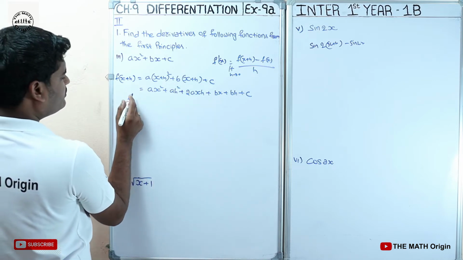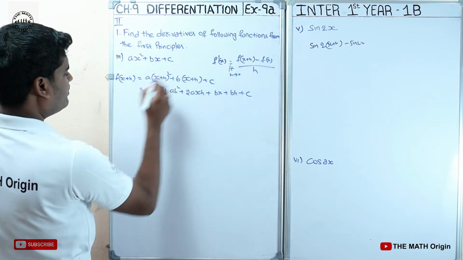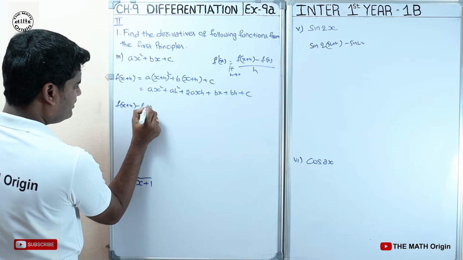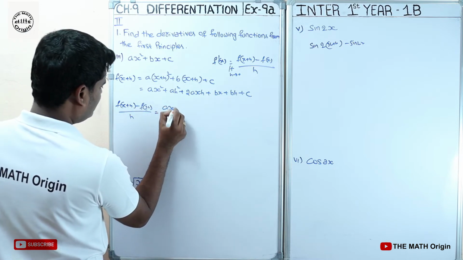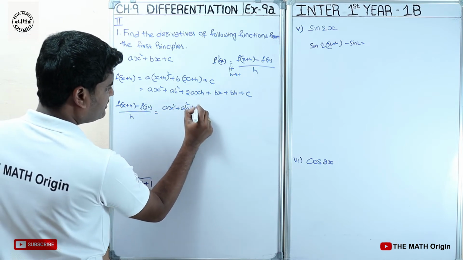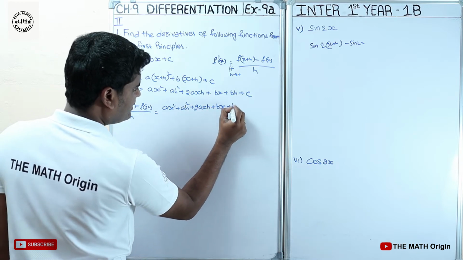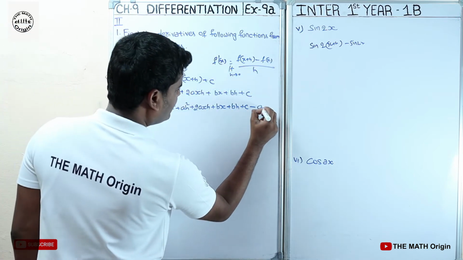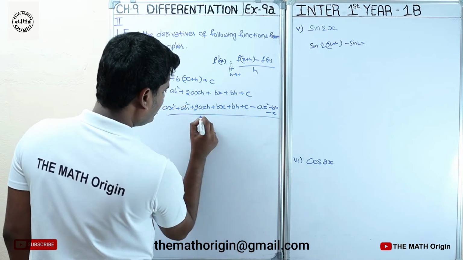Okay, now let's complete the formula, f of (x plus h) minus f of x by h. Therefore, that is equals to ax square plus ah square plus 2axh plus bx plus bh plus c, minus f of x, means minus ax square minus bx minus c, whole divided by h.